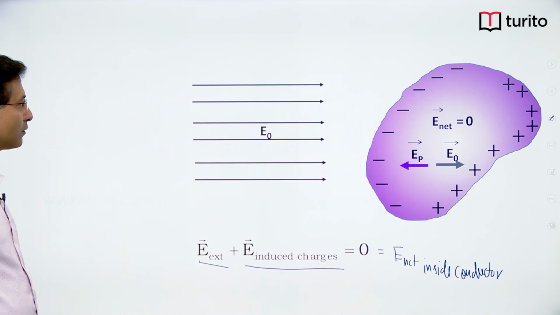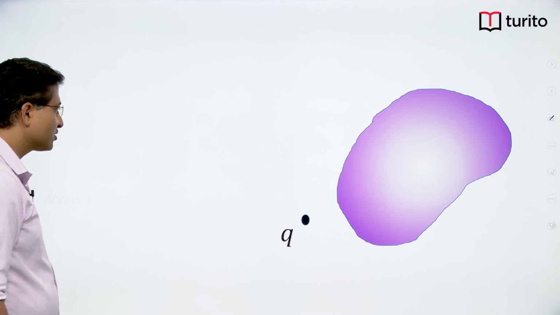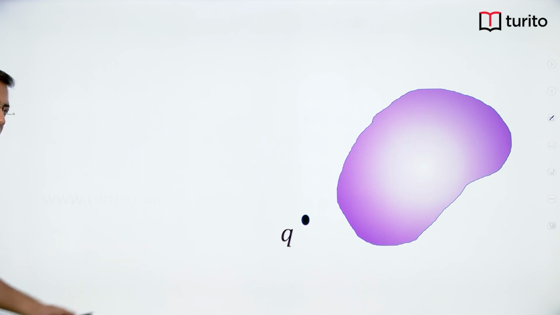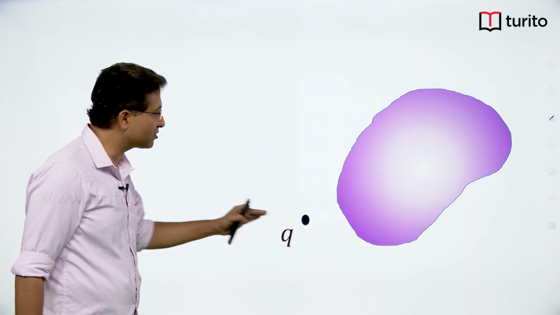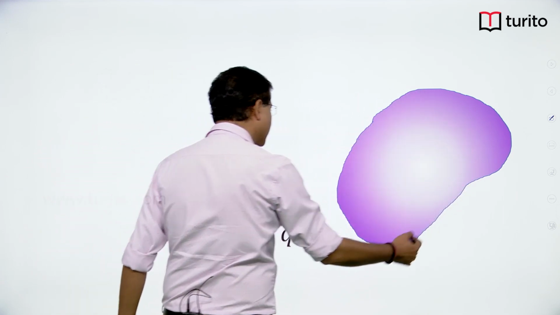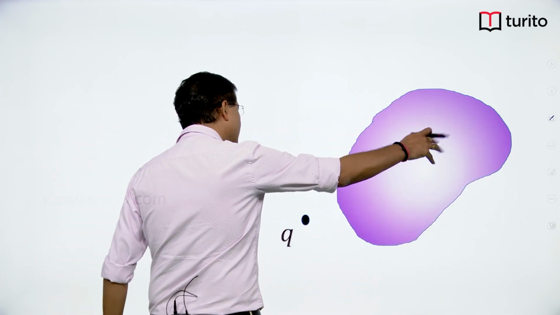Then I took one more situation where a charge is brought near the conductor. As we bring this charge near to the conductor, this charge starts attracting electrons.